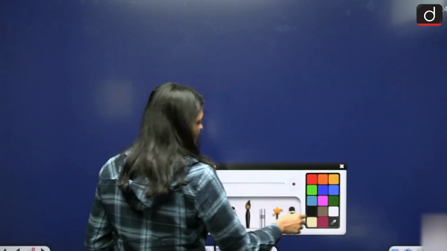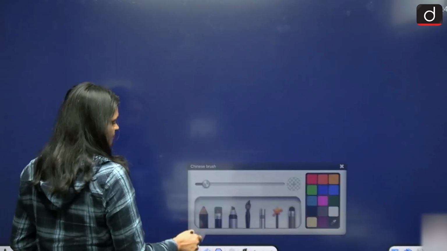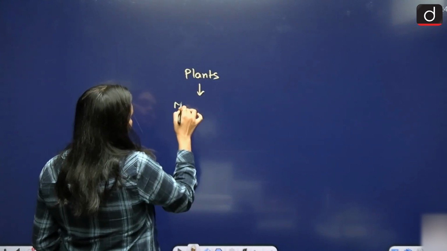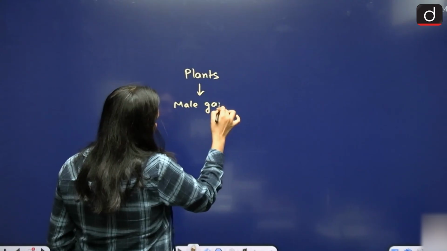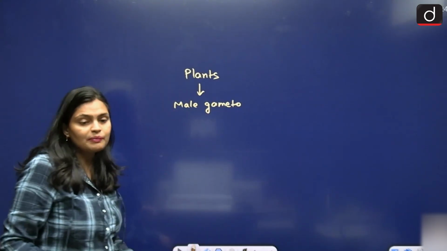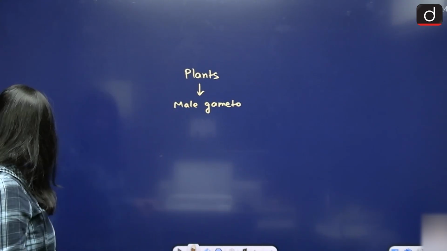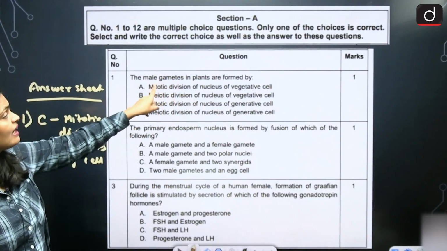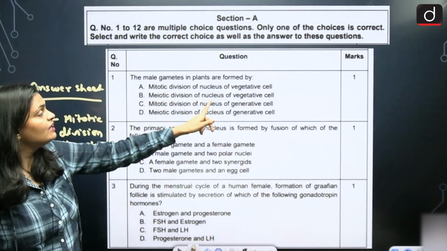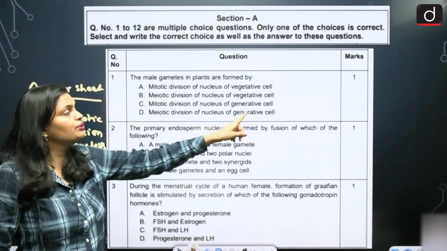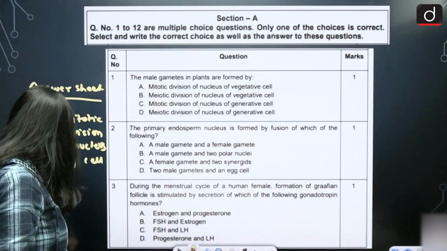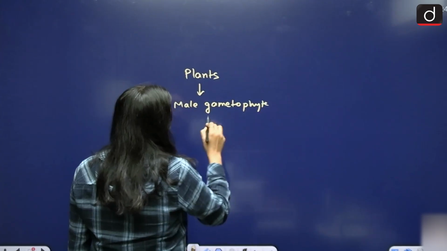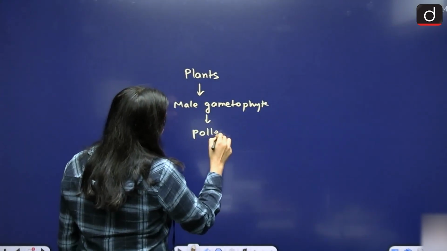See, in case of plants, what are male gametophytes, guys? Here the question is about male gametes. So you know that in case of plants, the male gametophyte is your pollen grain.